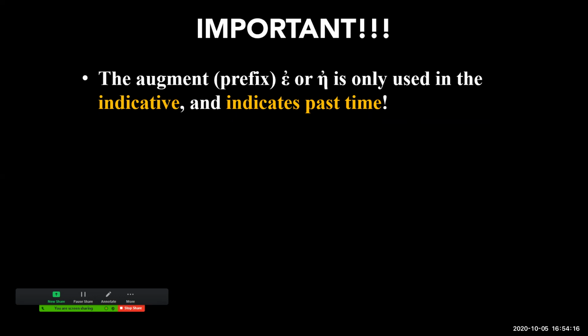We do not have the augment in the infinitive form or the subjunctive form or any other mood other than the indicative. So this is not the indicative mood, and we do not have augments. The infinitive does not in itself indicate time. It doesn't indicate past time, even though it might be an aorist infinitive or a perfect infinitive, as we will learn later.